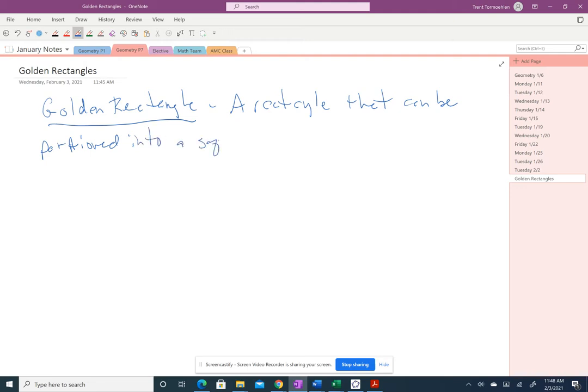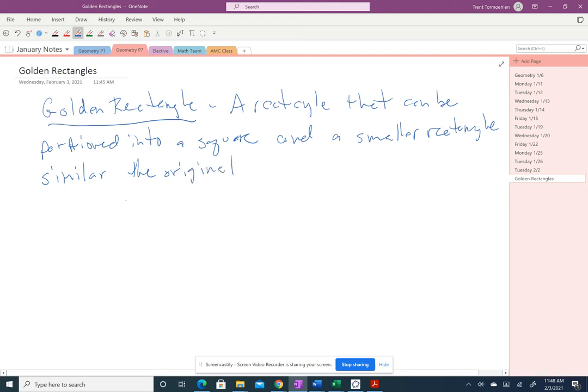So you take the short side and you essentially square it off into a square and a smaller rectangle mathematically similar to the original.